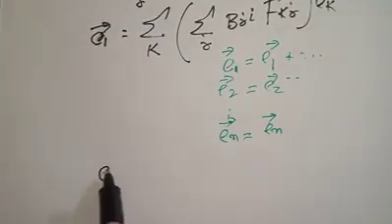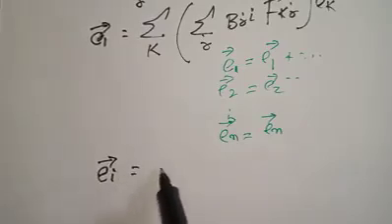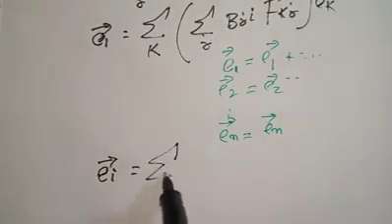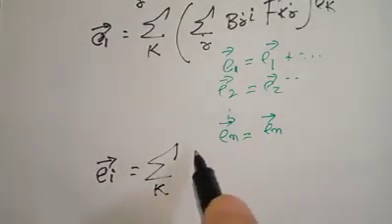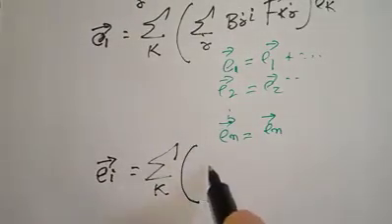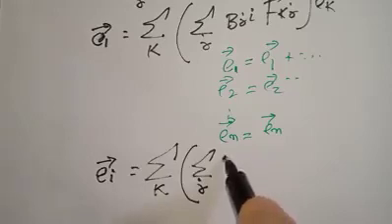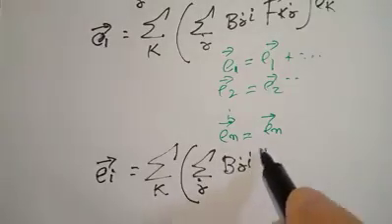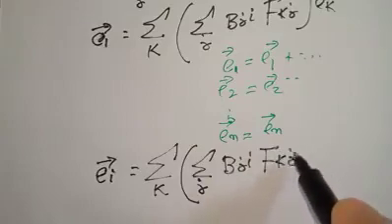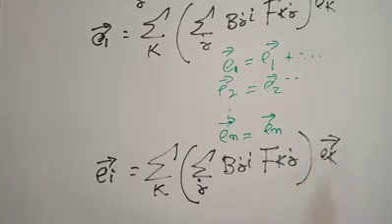So I can write e_i equals sigma of k, then let me put another bracket and I will put sigma j, b_ji, f of kj, and then I put a bracket e_k.